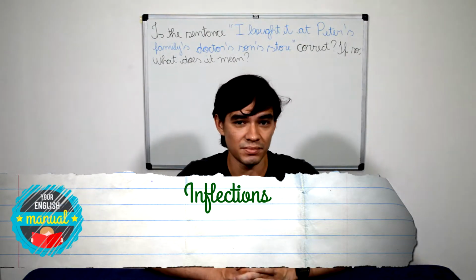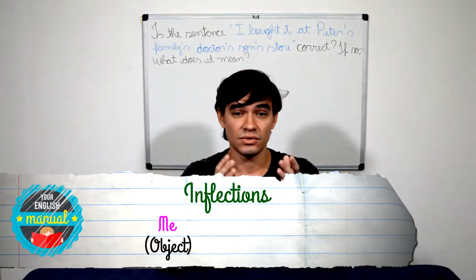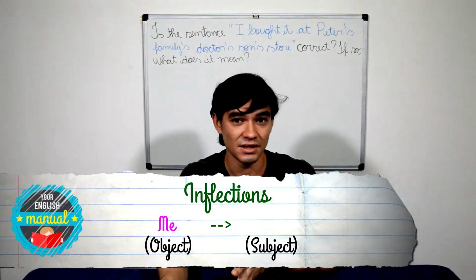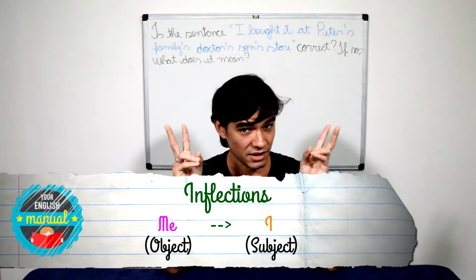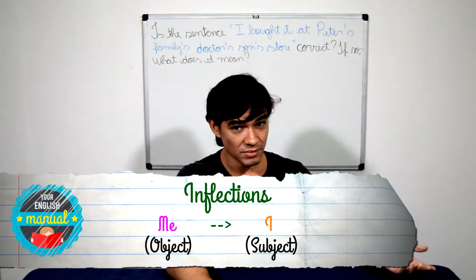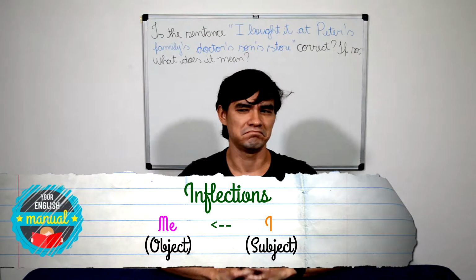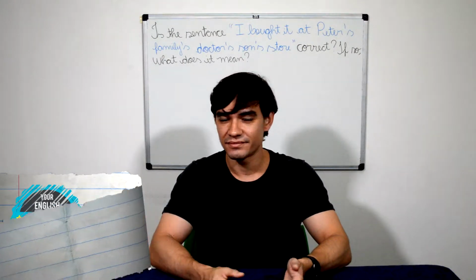If we want the pronoun me, which is an object, to be the subject of the sentence, it changes to I. If we want I to become the object, it undergoes change to me. Simple, right?